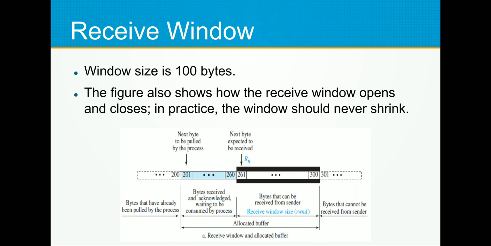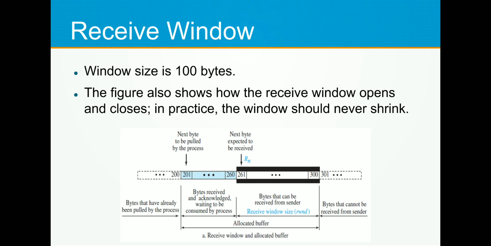On the other hand, we also have a receive window at the receiver process. Here also, looking at the diagram, you can see that the size of the buffer is 100 bytes from 201 to 300, and this receive window can open and close.